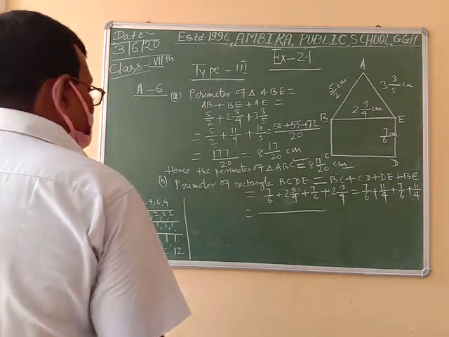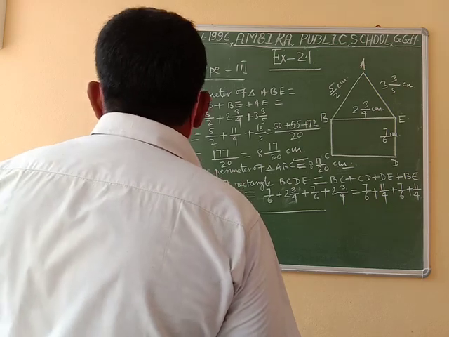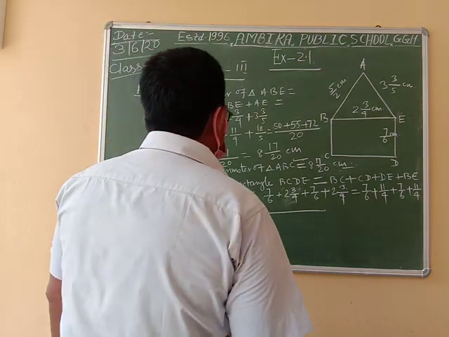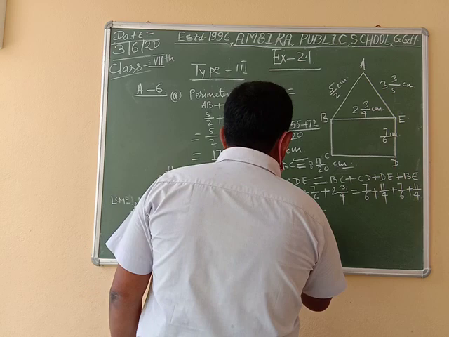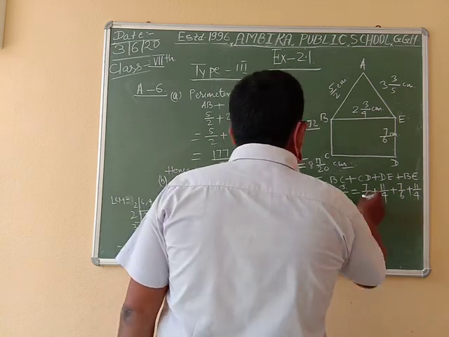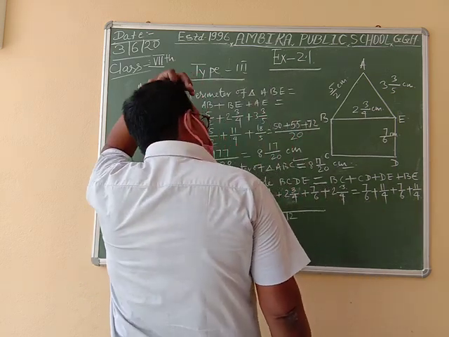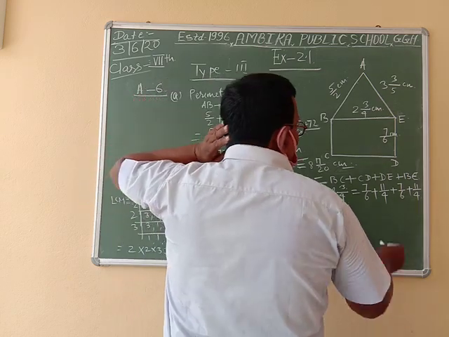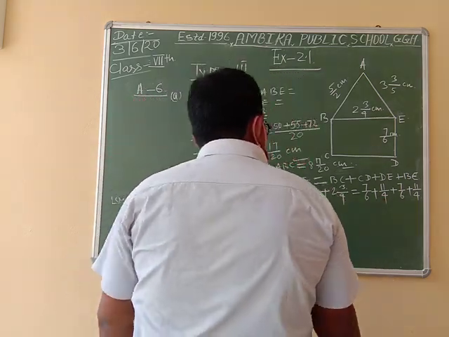LCM of 6, 4, 6, 4 is equal to 12. Now we divide the LCM by the denominators of the given fractions.